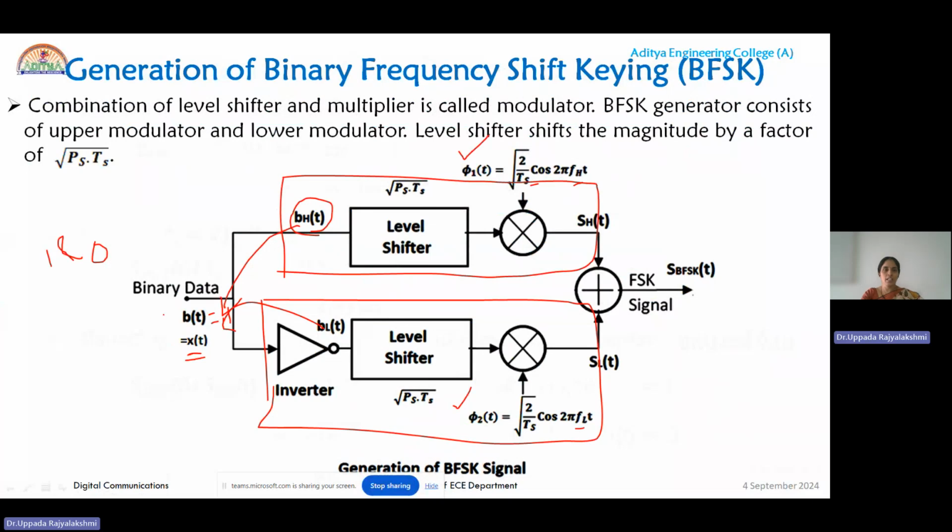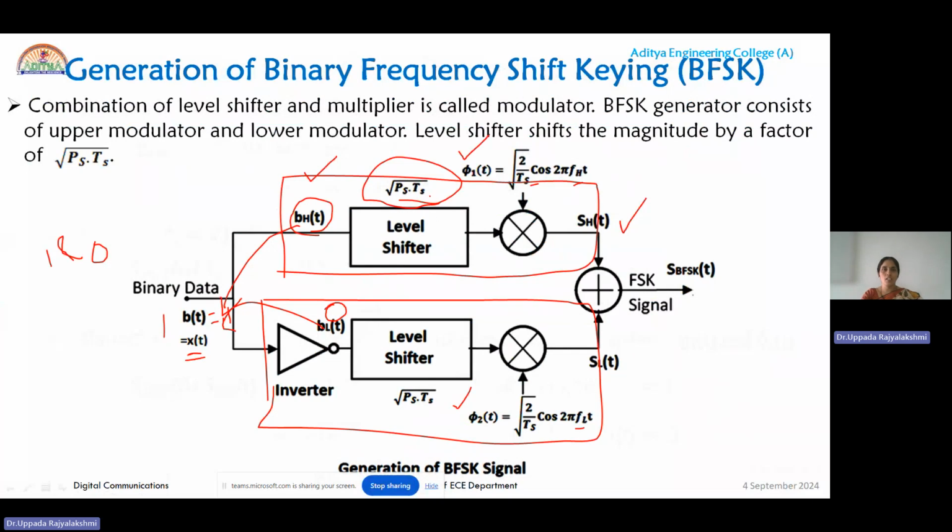For example, if the upcoming data bit is 1, then BH of t is directly equal to B of t. Then this BH of t is multiplied with root PS into TS. At that time, BL of t will be 0. That is, no input is applied to the lower modulator. So input is applied only to the upper modulator, and you will get output only from the upper modulator, not from the lower modulator.